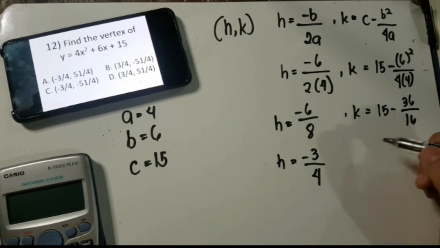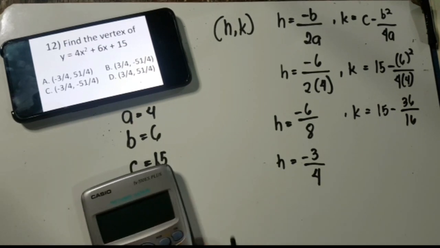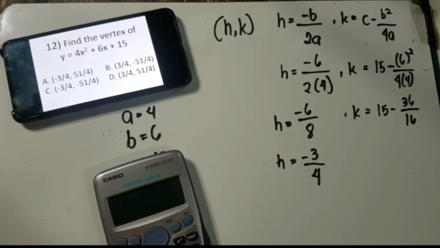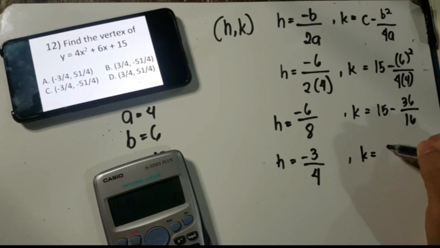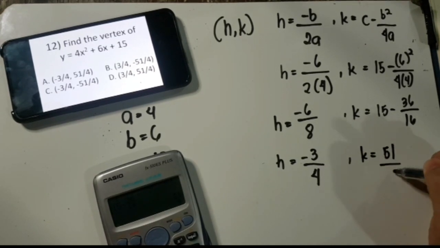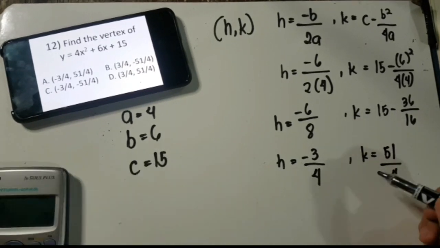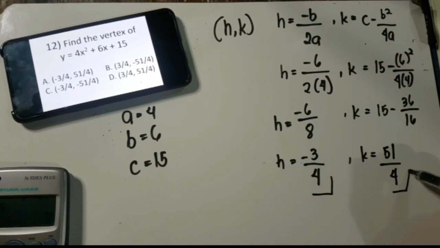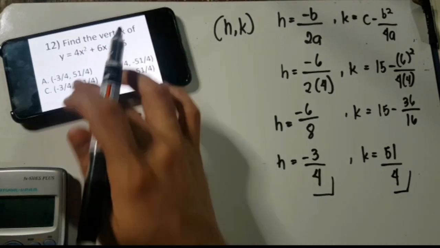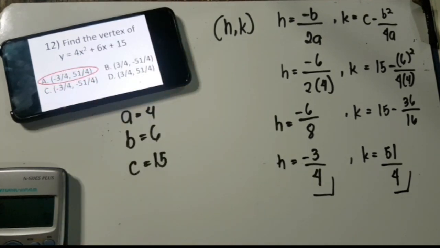So, we can simplify this, pero we can use the calculator naman. So, 15 minus 36 over 16. So, that is 51 over 4. So, this is the vertex. So, negative 3/4 and 51/4.